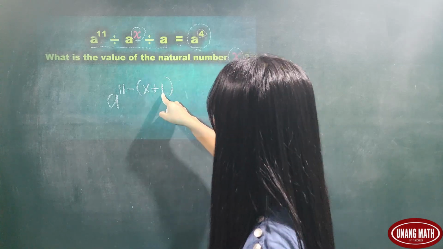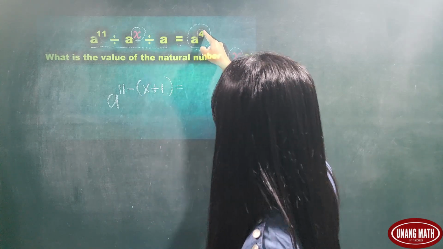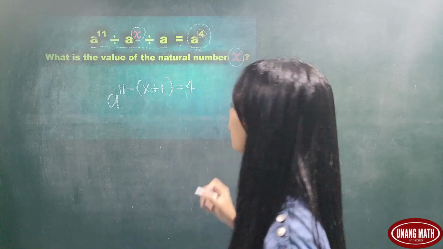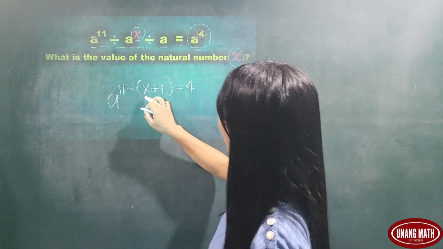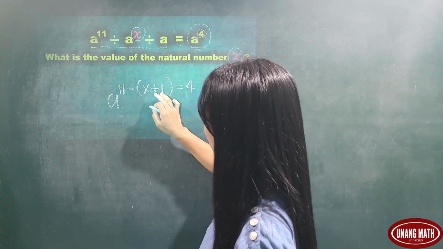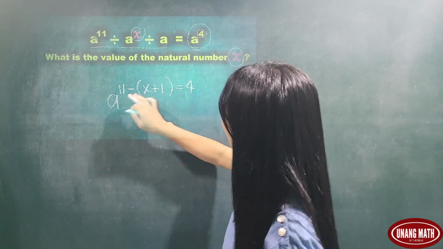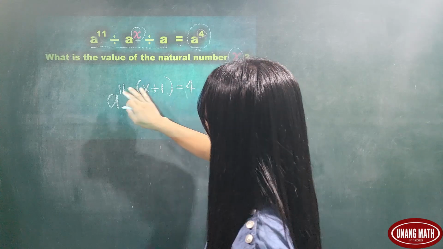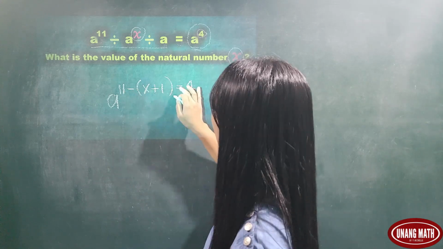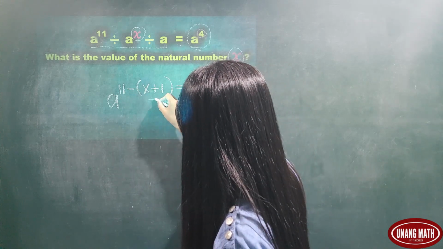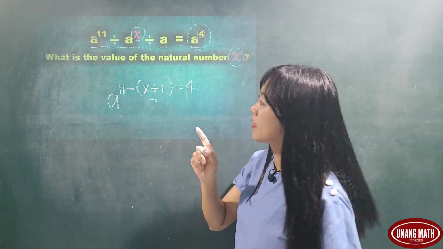So we have x plus 1, and this is equal to this exponent 4. What number are we going to subtract from 11 to get 4? So 11 minus what number? And the answer is 4. So this must be 7.